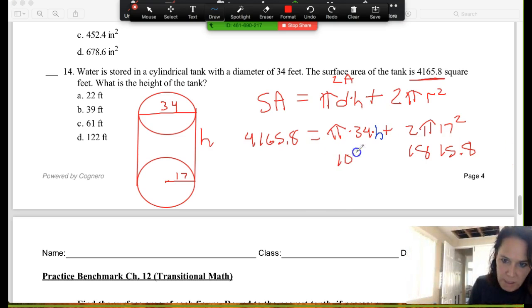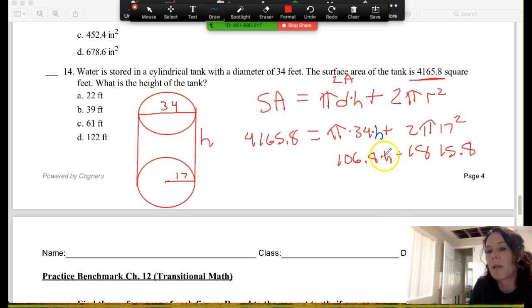It's 106.8 approximately times h. And then I'm going to add that to this. Now I can't add these together because I have a variable here and I don't have that same variable here. This is 1815.8 plus 106.8 h's. So I can't add my h's to my constant because I have that variable.